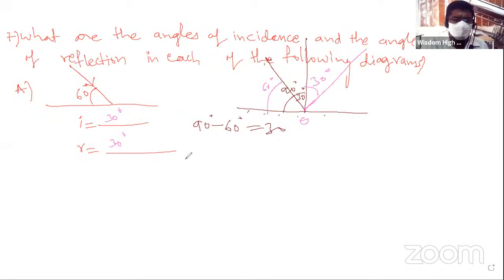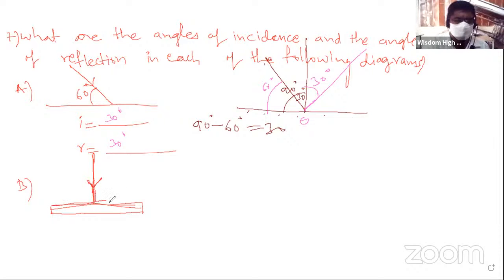Children, one more here. Go for B. In B, a light ray is incident perpendicularly on the plane surface.